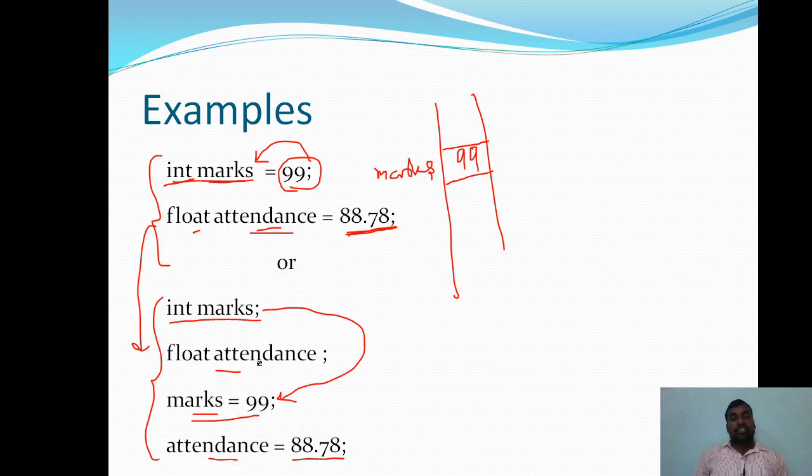Attendance is already a float type, so it can store this 88.75 in computer memory. In the computer memory, the address of the location where this 88.75 is stored can be easily identified with the help of a name. That name is nothing but the variable name, and here attendance is the name of the variable.